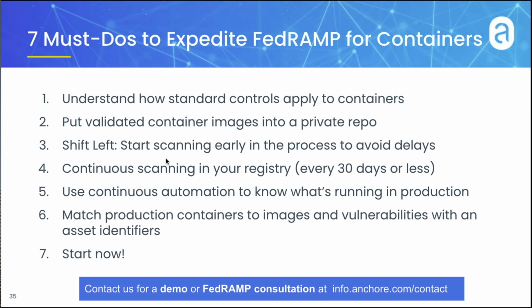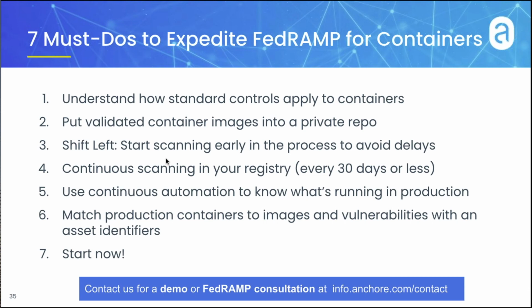The automation is there with the API to really help streamline all your pipeline workflows to make this as easy as possible. 6 is being able to match your containers being run in your production runtime environment with the unique asset identifiers. That was something that was hit on in multiple sections within the FedRamp document, so selecting a tool that can definitely do that is absolutely critical. And 7 is that we need to start right now, actually.